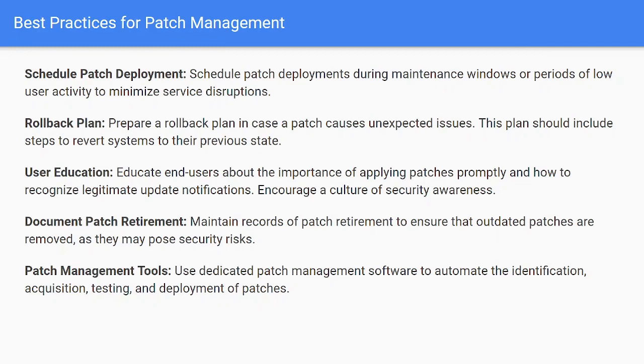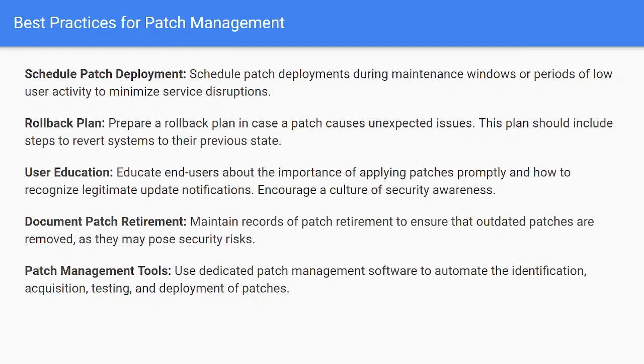Number three, we have user education. Educate end users about the importance of applying patches promptly and how to recognize legitimate update notifications. Ensure a culture of security awareness. For organizations where team members have been given company laptops, advise and train them on what to do when they see a notification from Windows.